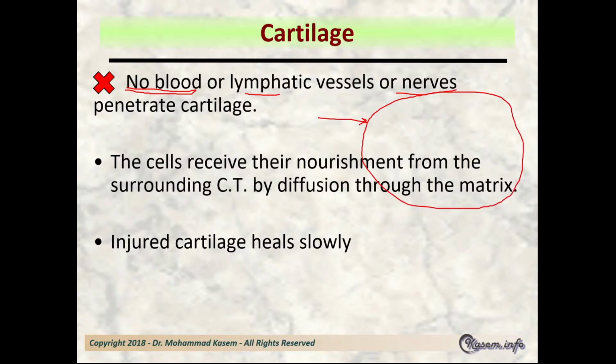In the perichondrium, we can find blood, lymph and nerves, but inside the matrix of cartilage, the main area of cartilage, there are no blood vessels. The cells receive their nourishment from the surrounding connective tissue, from the perichondrium. And the healing of cartilage is a relatively slow process, similar to bones.